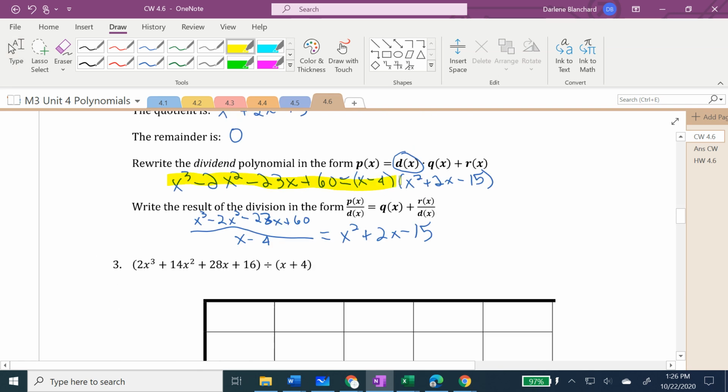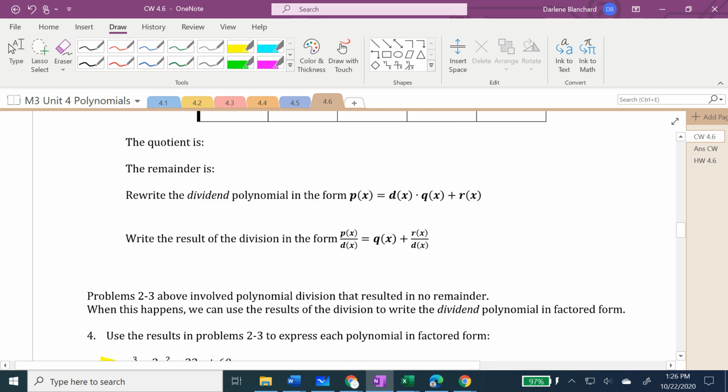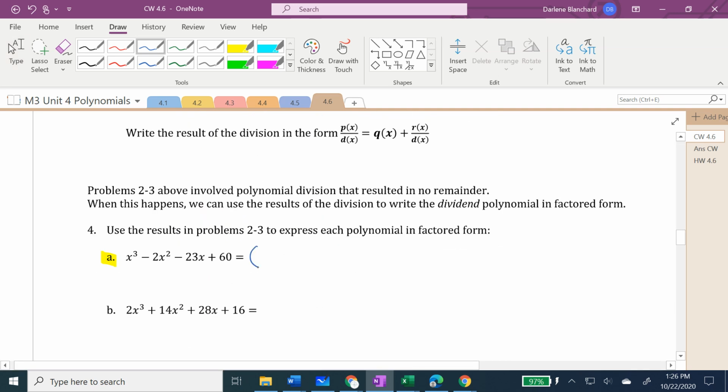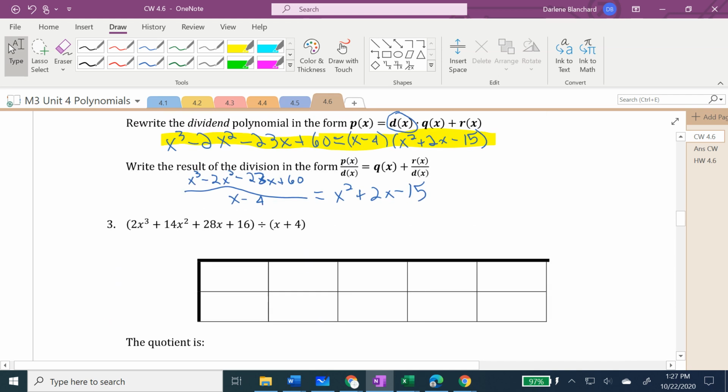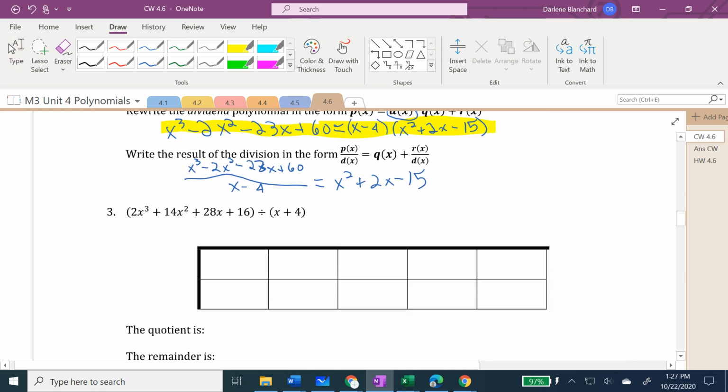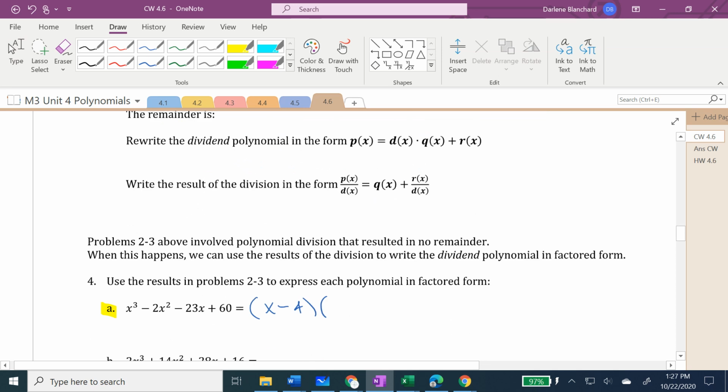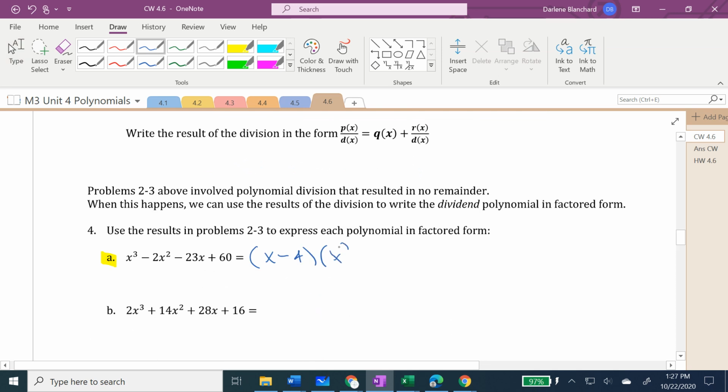So I'm going to take this right here and rewrite it at 4A. So I need to remember x minus 4 times x squared plus 2x minus 15.